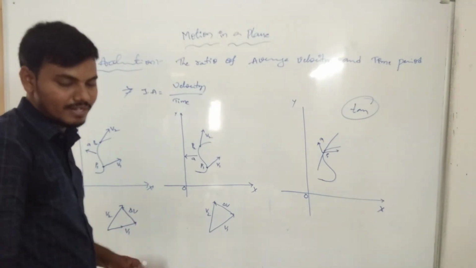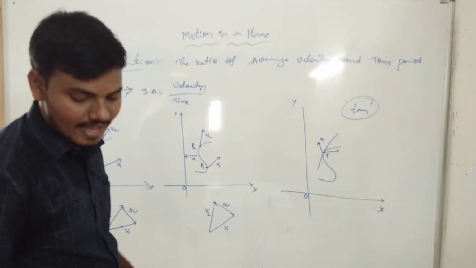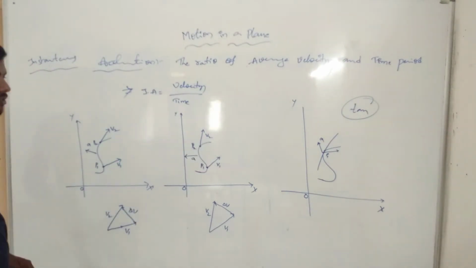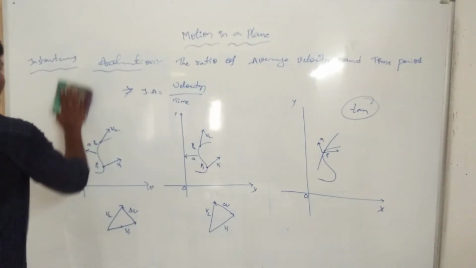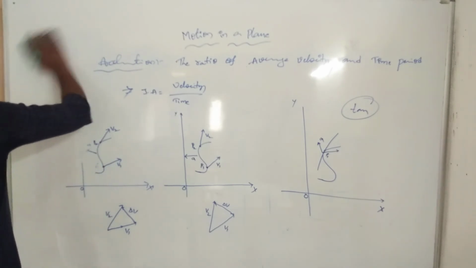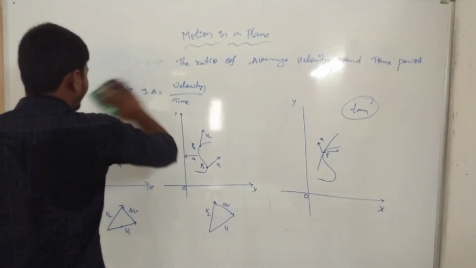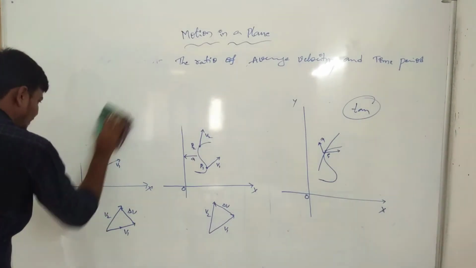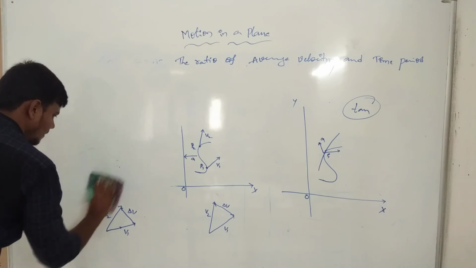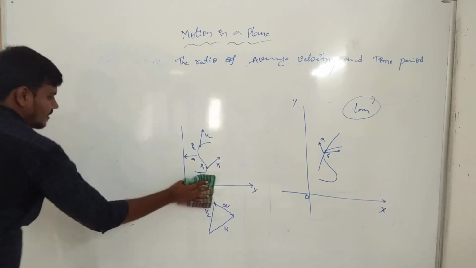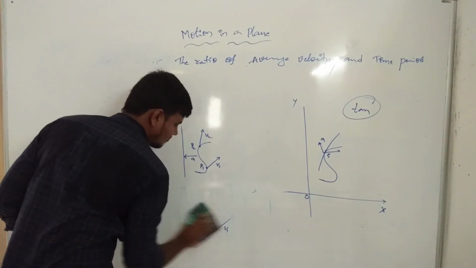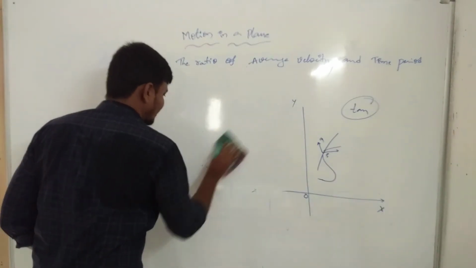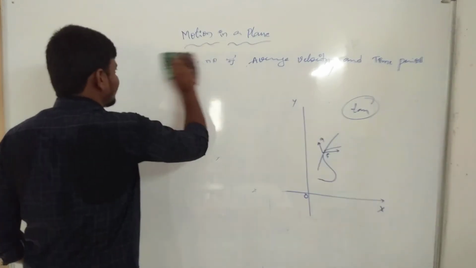Okay. Now the next one, magnitude of instantaneous acceleration. Now what is the magnitude? These three statements are three combos we can apply. Now what is the magnitude and direction of instantaneous acceleration? There are two initial ones we can introduce.